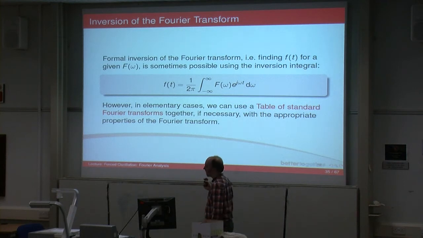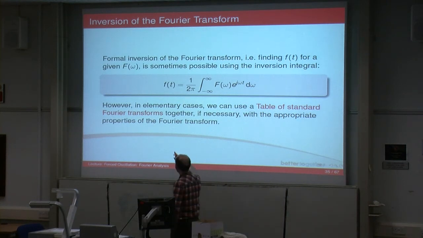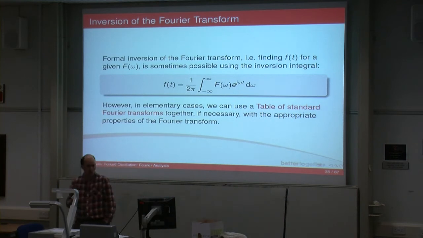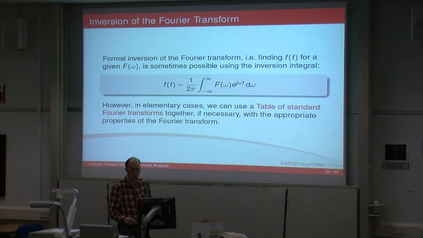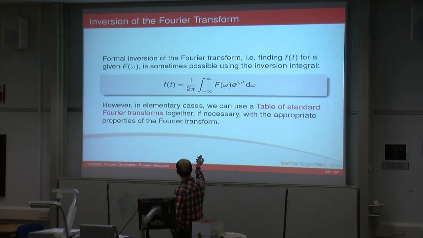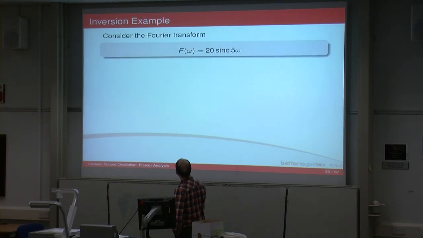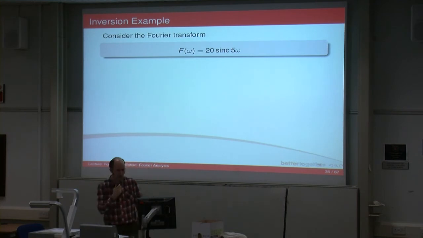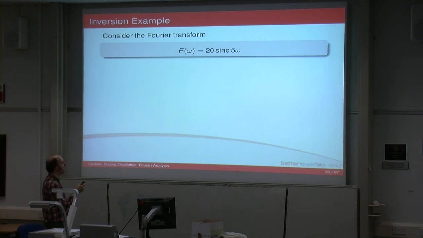And as I said, I talked about Laplace transform tables. In reality, we often use a table of standard Fourier transforms to go from one to the other, backwards and forwards. But here we'll just do a couple of examples where we do it analytically. Standard function, we know it's a sinc, so we know it's a rectangular function, but how does that translate?